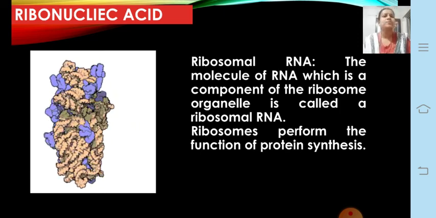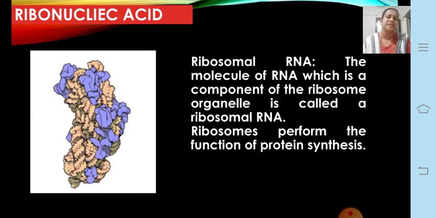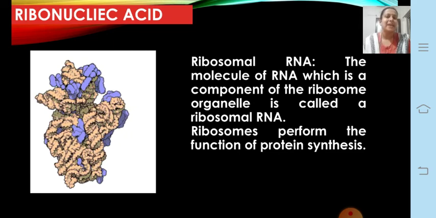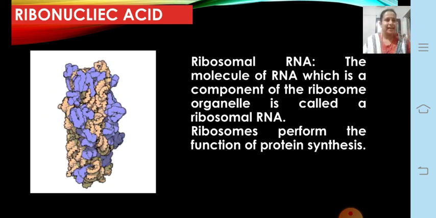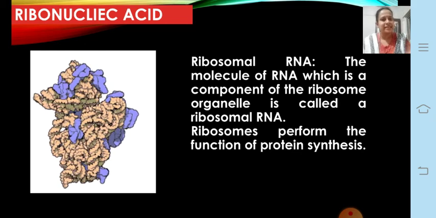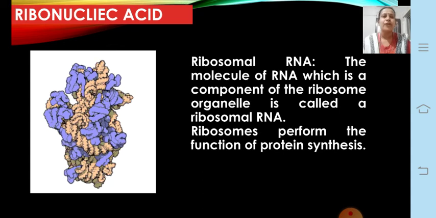Fine. Ribosomes perform the function of protein synthesis, as I showed you previously in one slide wherein the ribosome was reading the message on the messenger RNA and going forward like this. It is because this is helping in the synthesis of protein.